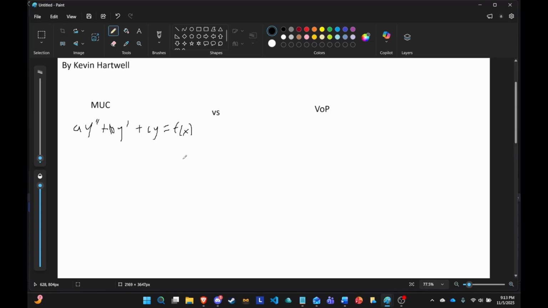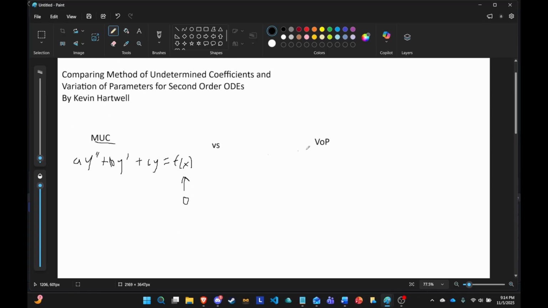If this function is equal to 0, then it's a homogeneous differential equation. And if it's anything other than 0, it's non-homogeneous. By now, we should know how to solve it when it's homogeneous. What these two strategies allow us to do is make solutions for non-homogeneous differential equations.